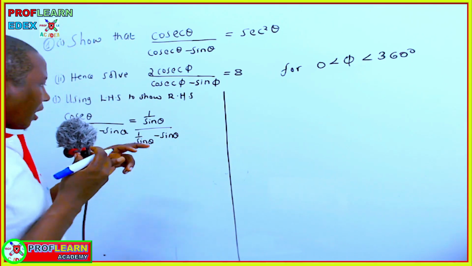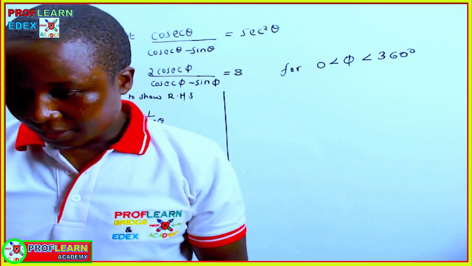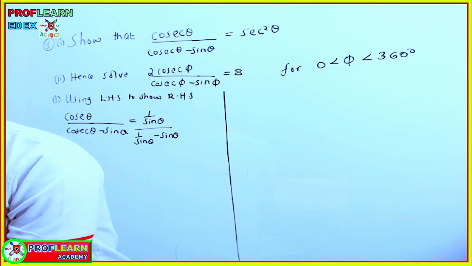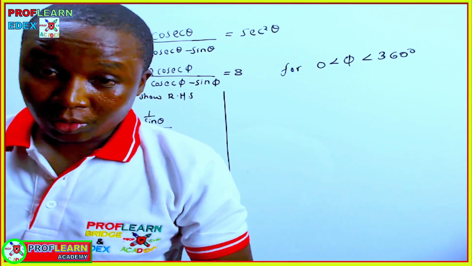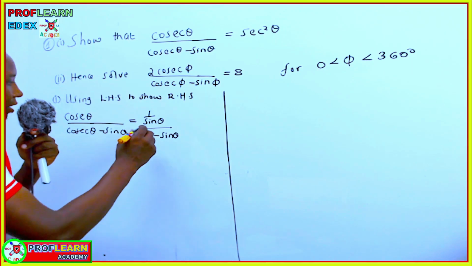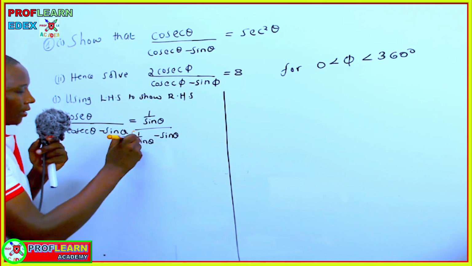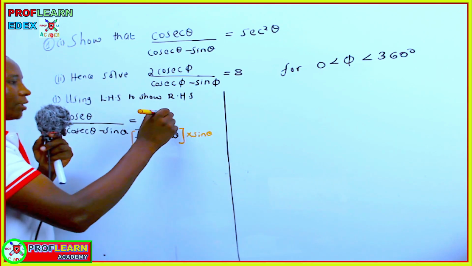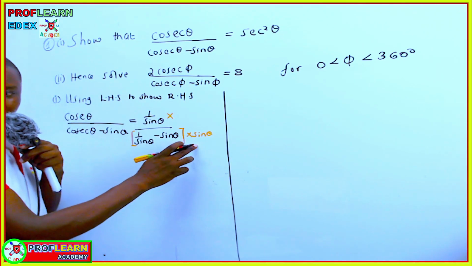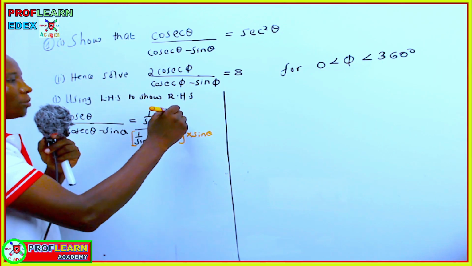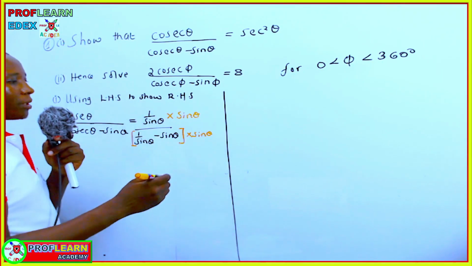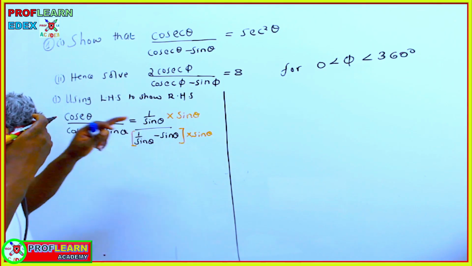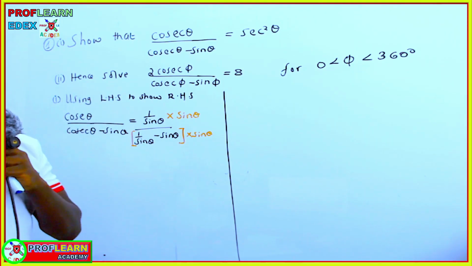Since I'm having this, I want to get rid of this fraction. So in the denominator I can multiply by sine theta, and also in the numerator, because my main objective is to get rid of the fractions appearing in this particular question.